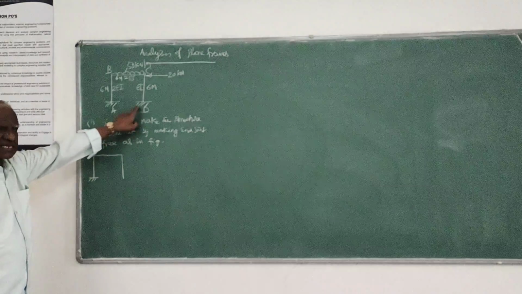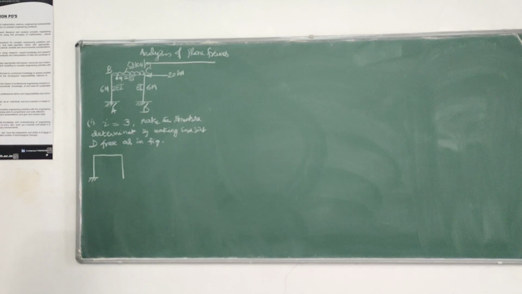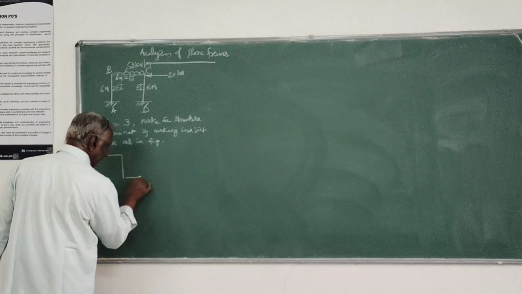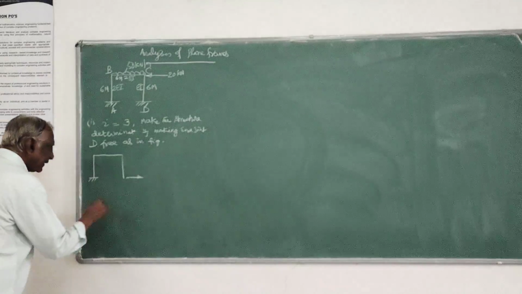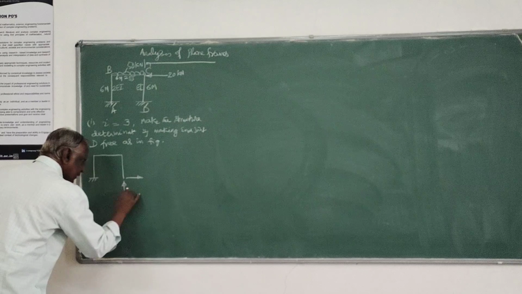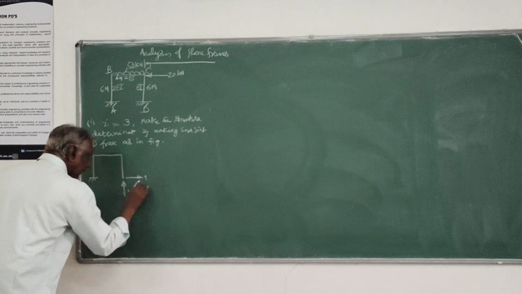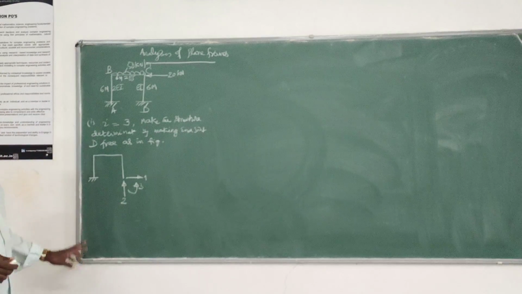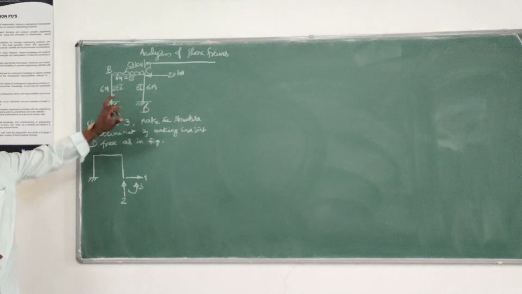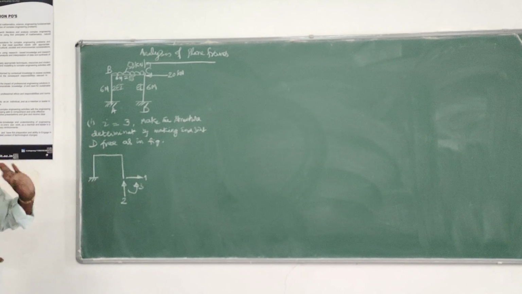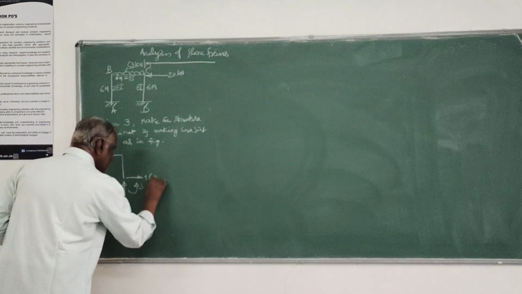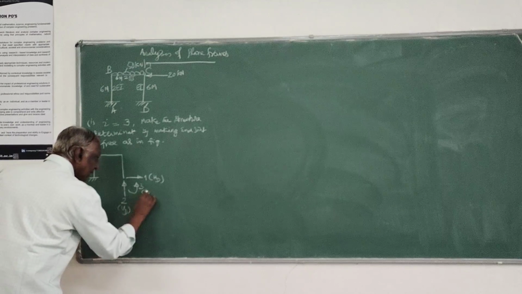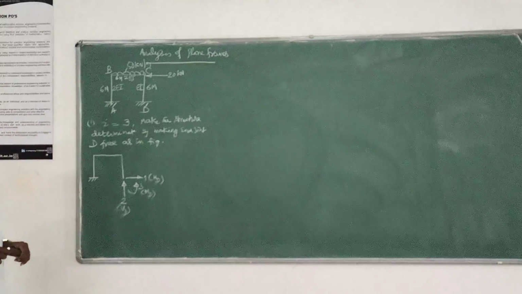So when I make this end free, I have removed 3 support reactions. Those reactions which have been removed, I will indicate by coordinates like this, 3 coordinates: 1 horizontal reaction, 2 vertical reaction, and 3 moment. All these 3 reactions we have removed at D. 3 releases I have introduced. This is HD I have removed, this is VD I have removed, and here the moment MD I have removed.